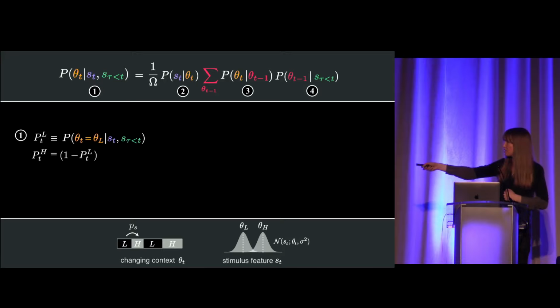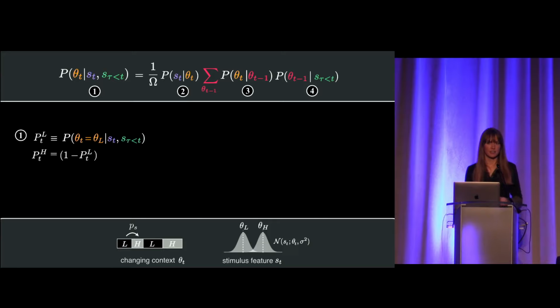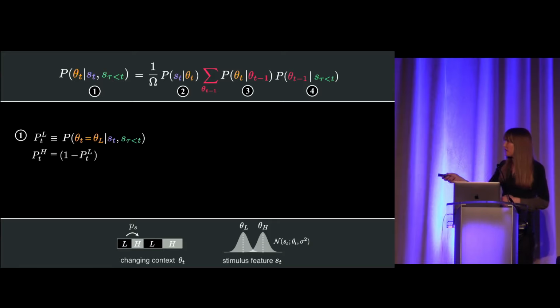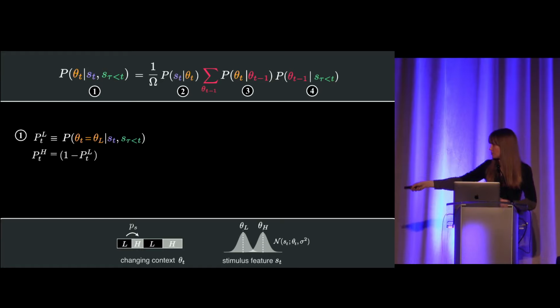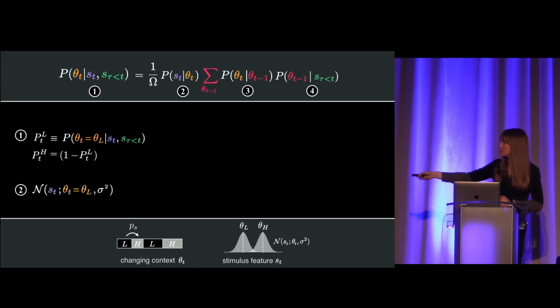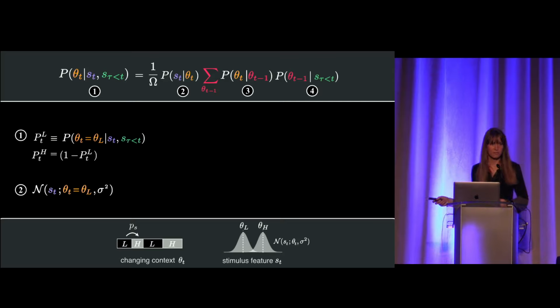Okay, so once we've worked things out for the low context, we can get back the probability of being in the high context. Okay, this second distribution here, this is our distribution of sensory stimuli. These are our Gaussian distributions that we sketched out here. But here now we want the distribution of stimuli given that we're in the low context. Okay, so that's this expression here.